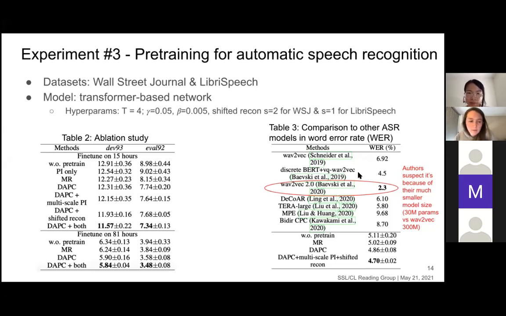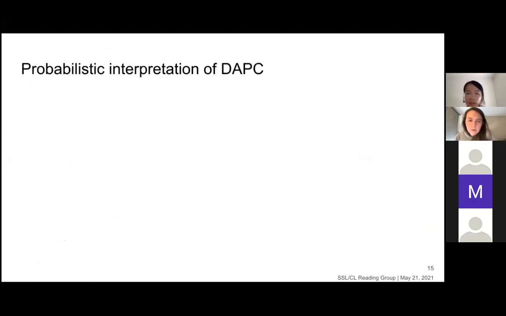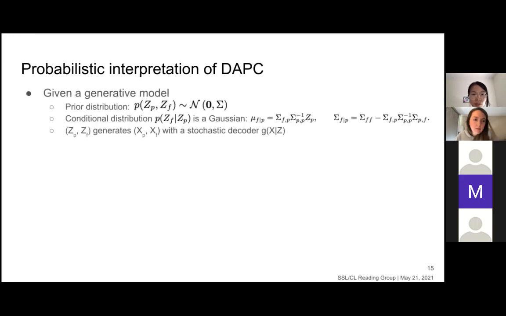Okay, cool. So another nice thing about DAPC is that there's a probabilistic interpretation of it. If any one of you here is familiar with generative models, this is how they interpret DAPC in a generative model setting.